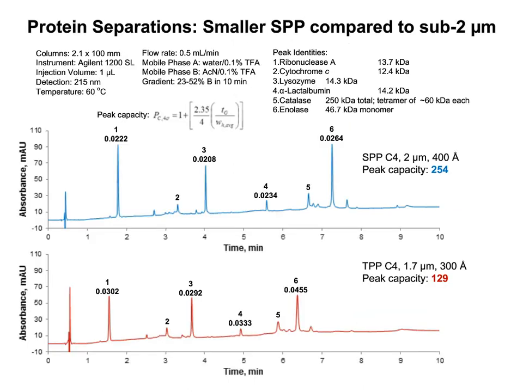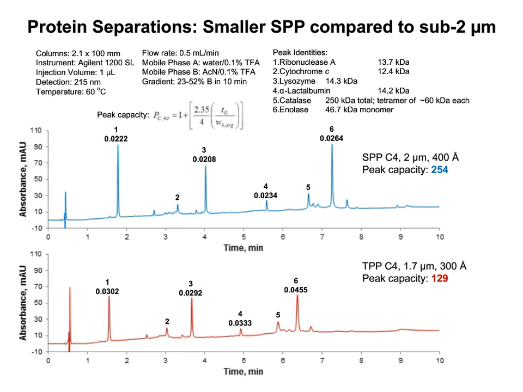Now, one of the questions that I'm often asked is, well, is improving protein separation characteristics more dependent on particle size, pore size, or, in the case of superficially porous materials, on the relationship of those various parameters? And the answer is, well, they all have contributions to make.